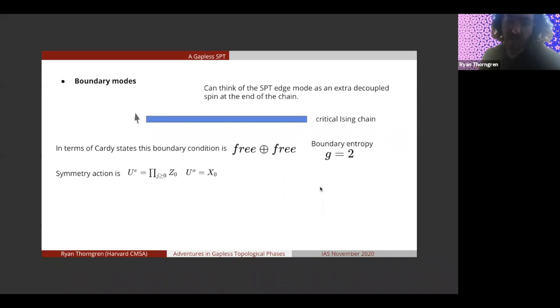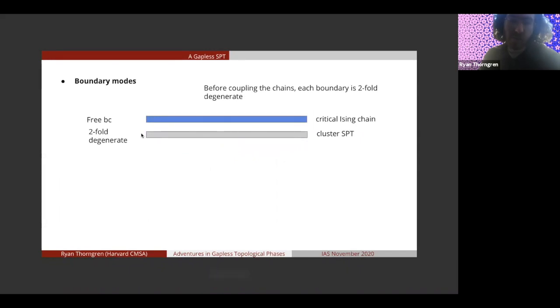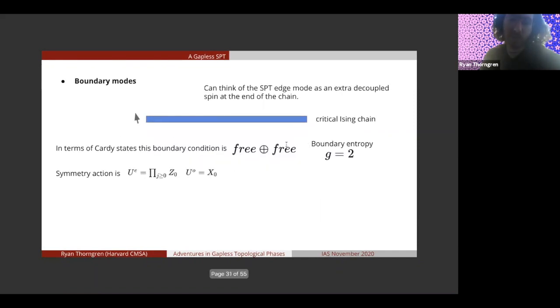Basically, we can do the same trick of integrating out the gapped system here, but when we do it with a boundary, what we're going to be left with is a critical Ising chain and then some decoupled spin 1/2 at each end that comes from the SPT edge mode.